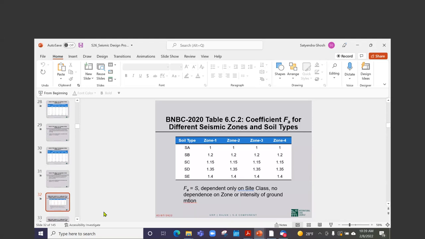I mean, he means by the code. But if due to architectural reasons, the owner needs something that will lead to vertical irregularity, then how do we go around that?